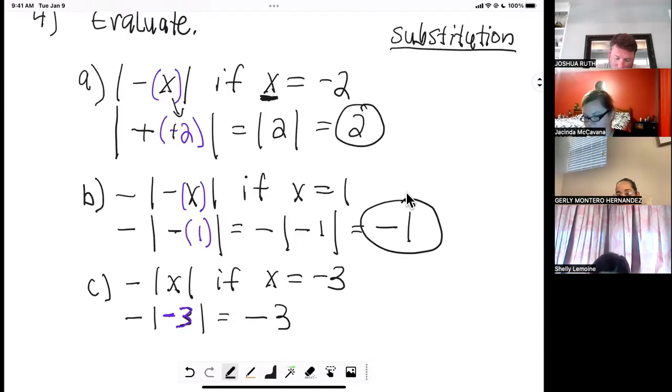And that's my simplified form, -3. So when you are replacing x with a number, you're only replacing x. Questions on that?